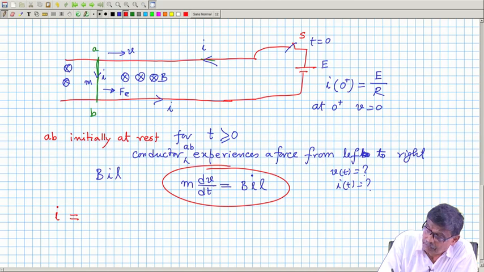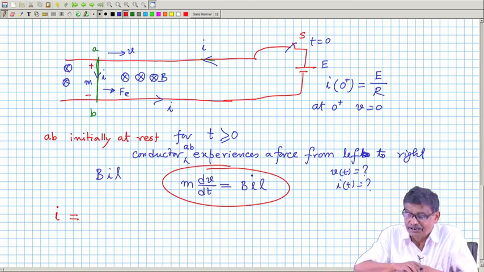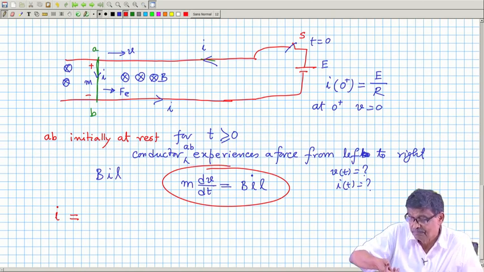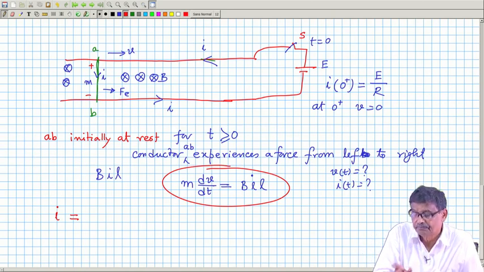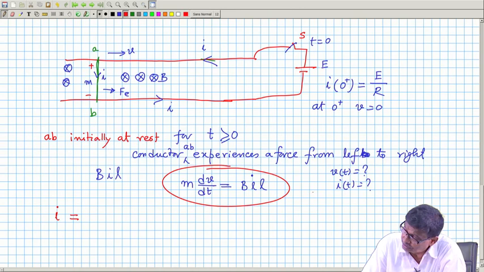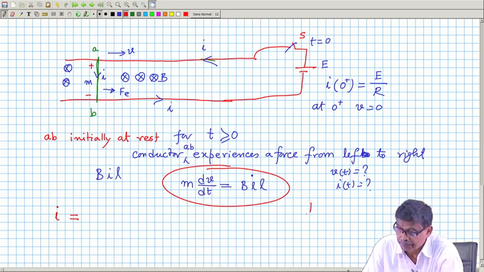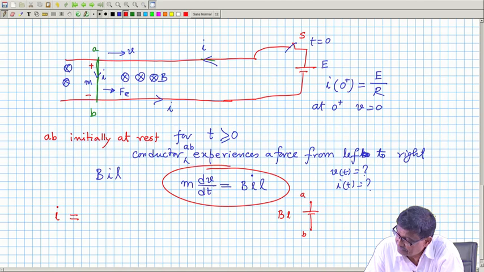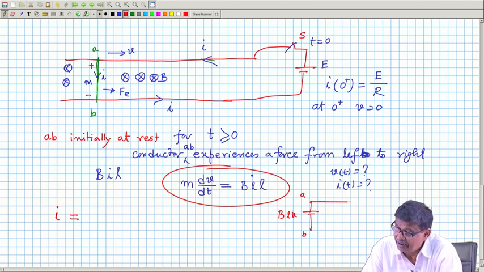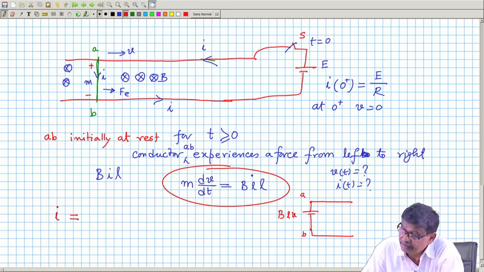And what will be the polarity of this induced voltage? This is what we have seen, B, V and L. Therefore, this whole circuit will now have an induced voltage here between A and B, that is BLV, and your switch here.